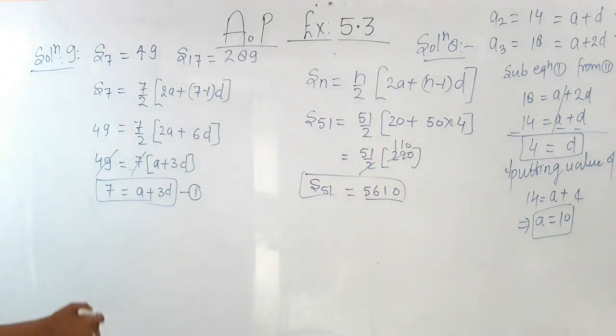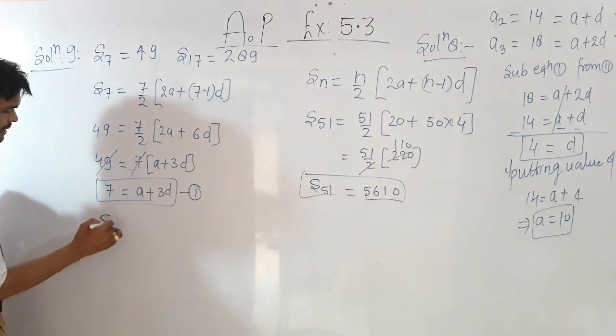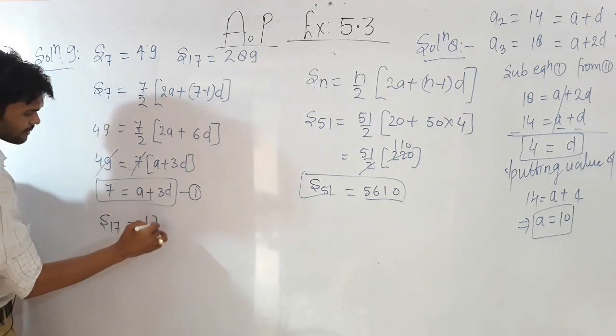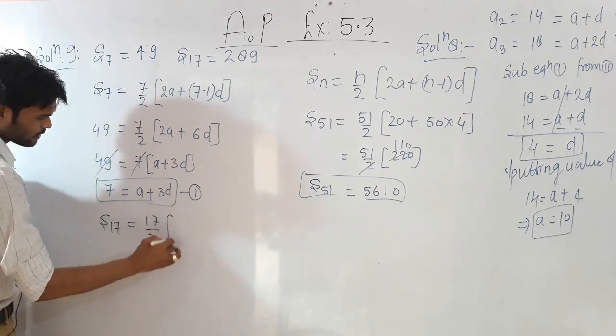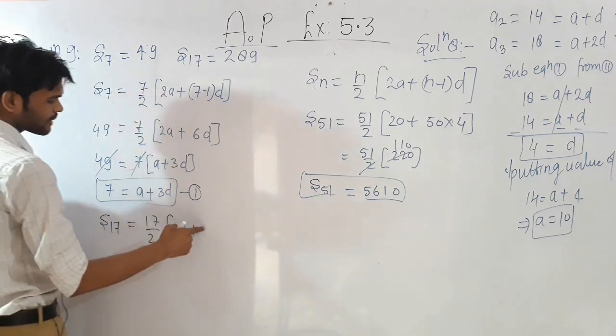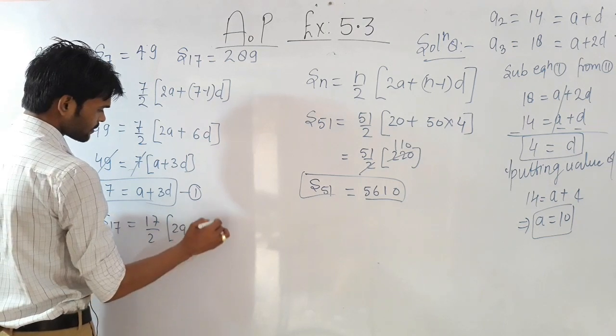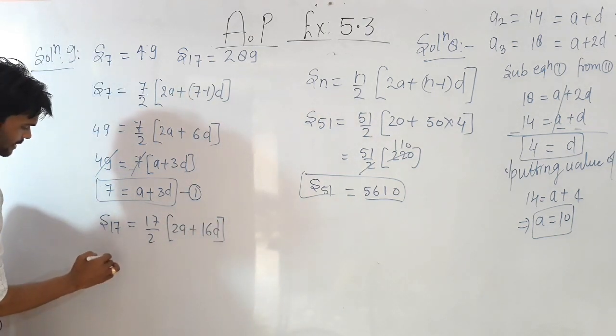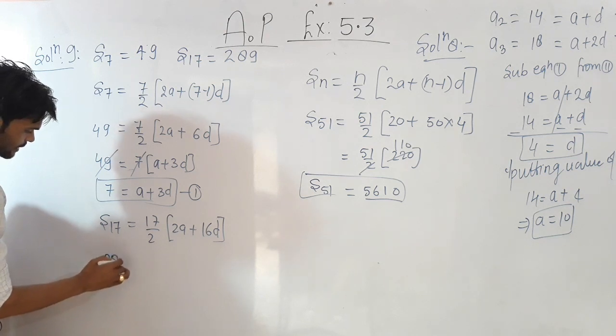Now proceeding again, using S17. S17 will become 17 by 2 into (2a plus, directly we can write, 17 minus 1, which is 16d). It will become 16d, and you are given S17 is equal to 289.